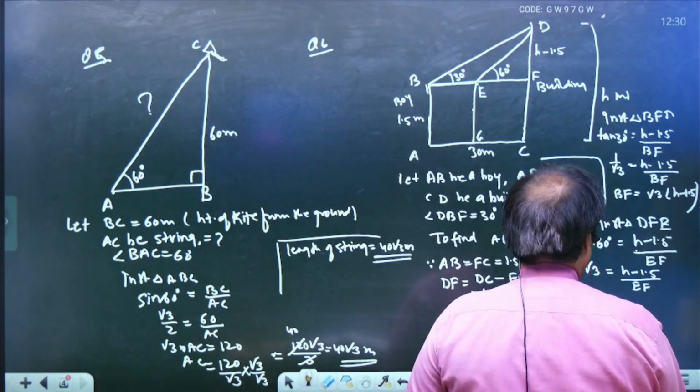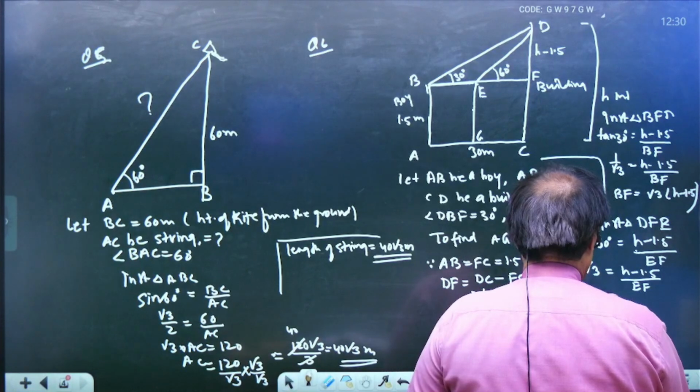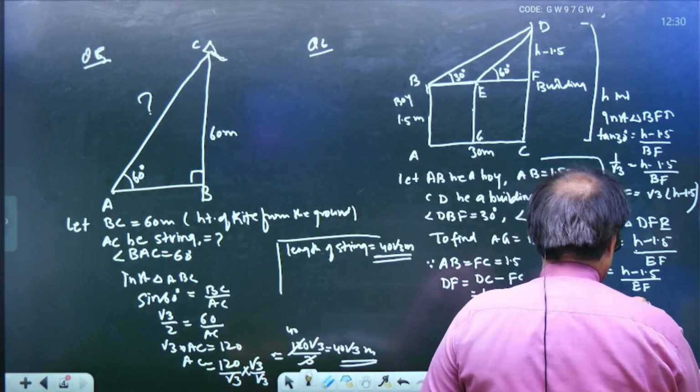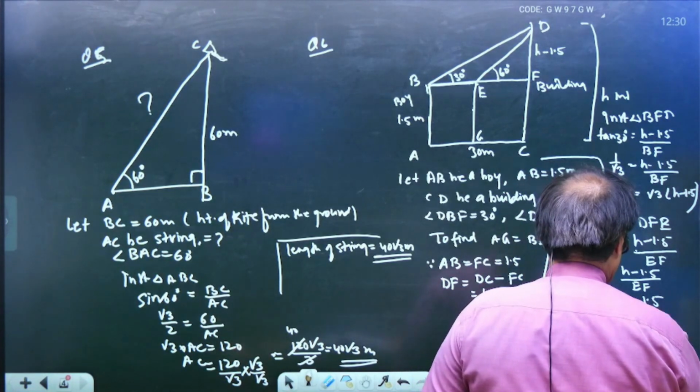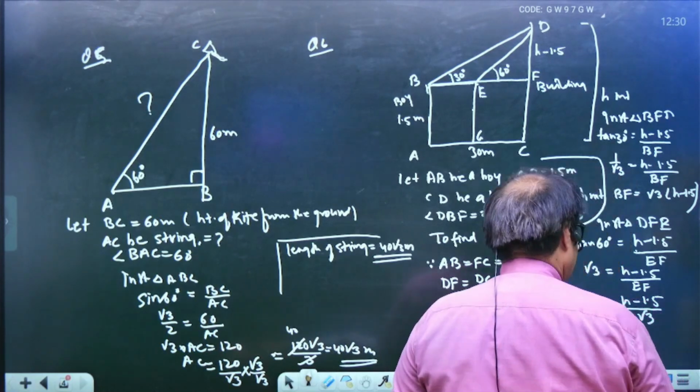So the value of EF is equal to H minus 1.5 divided by root 3.